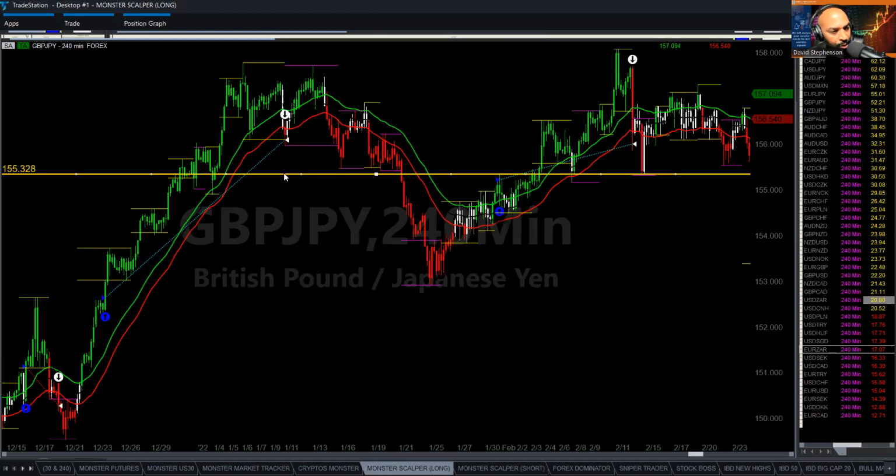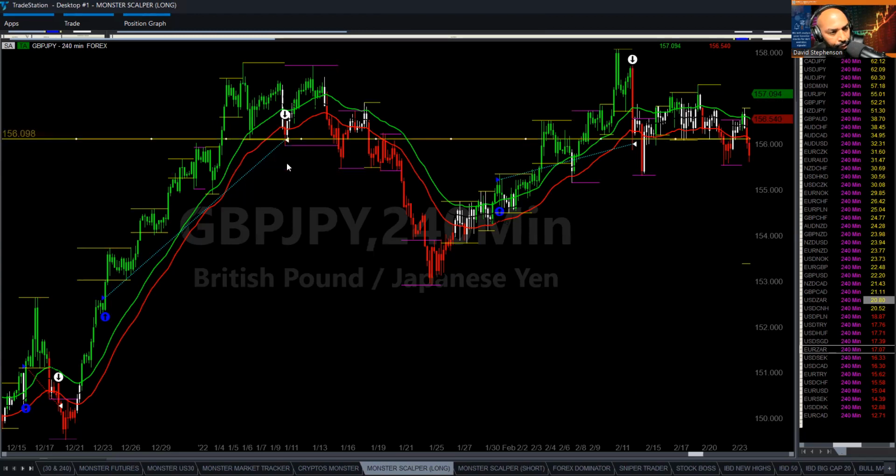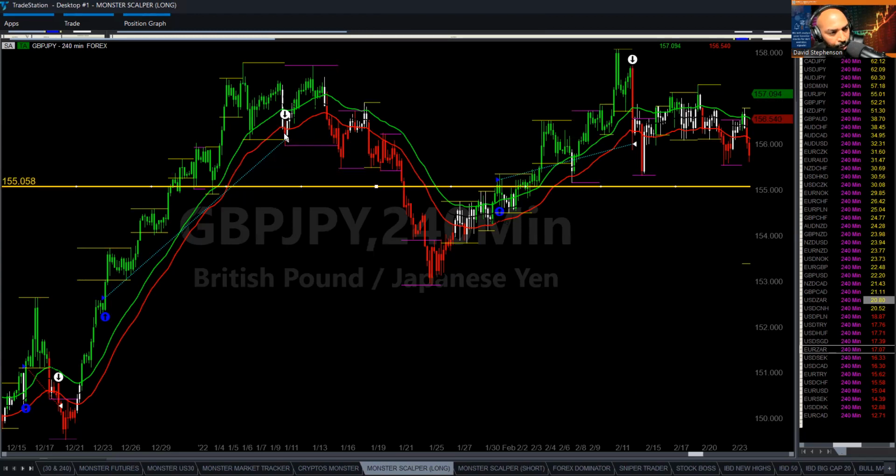Here is our support line. The red candle came down through that support line, didn't close, and closed above it, but we still got out. It's a good thing we did, because eventually the price came down.